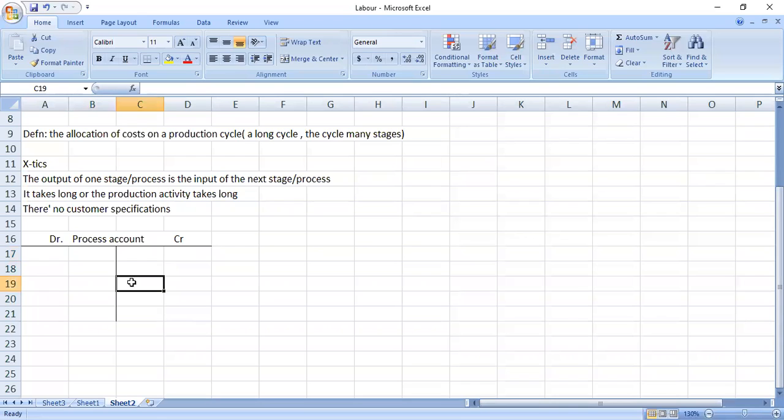With process accounting, on the debit side, since it's actually a cost account, it behaves just like an expense account: it increases with debit entries and reduces with credit entries. So any expenses you incur in a particular process, say stage 1 or process 1, you put on the debit side.